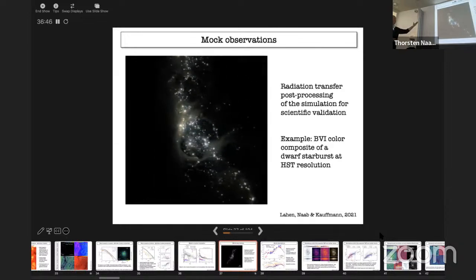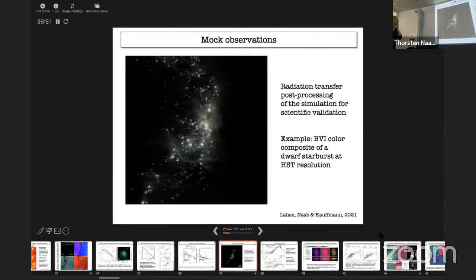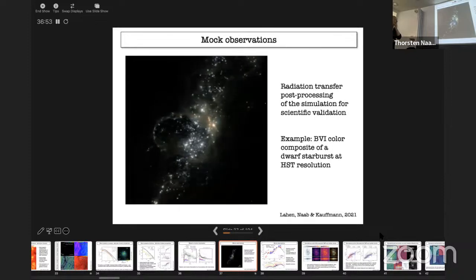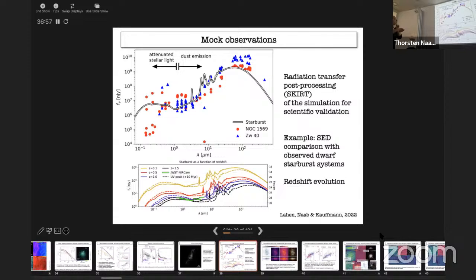You can do all kinds of star cluster experiments with this, and Natalia has very nicely done this in her work. And you can create an SED and compare it to observed dwarf starburst SEDs, which looks surprisingly good. I say we didn't tweak anything here. We didn't, but it looks good.